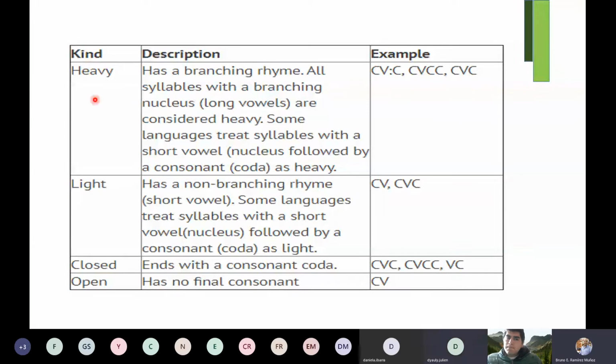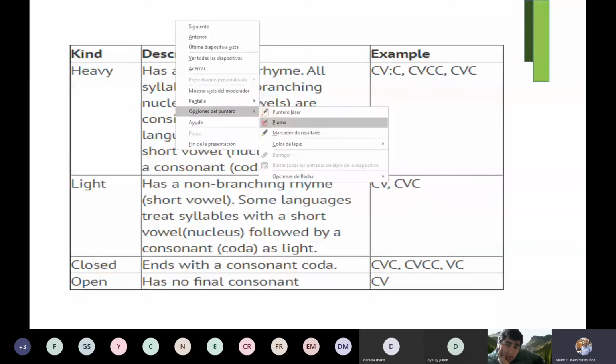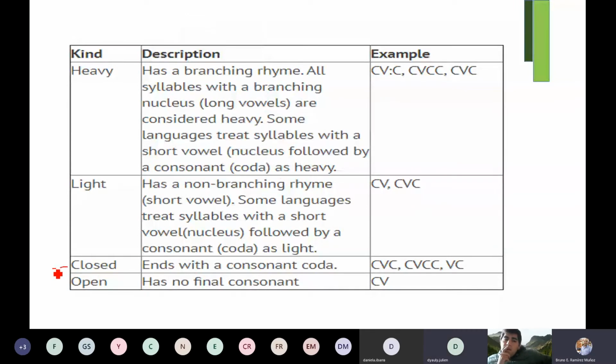Syllables can be described in terms of whether they are open or closed, or whether they are heavy or light. An open syllable is one that has no final consonant, or no coda.